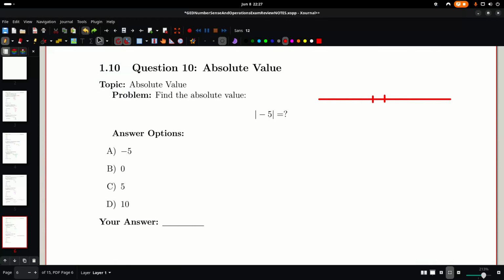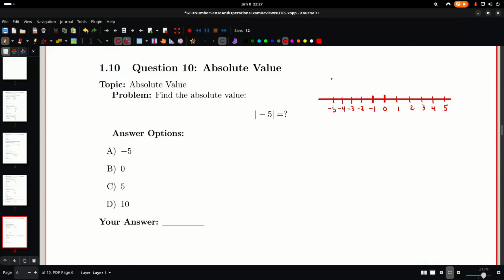maybe I'll just stop the line for now. Put some tick marks on here. So this is kind of like having a ruler, and I've got some measurements I'm going to make here on the number line. So if I've got 0 here, and then I've got 1, 2, 3, 4, and then 5, and then I've got negative 1, negative 2, negative 3, negative 4, and negative 5.